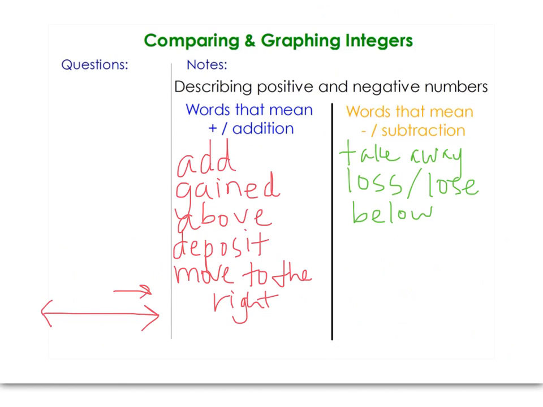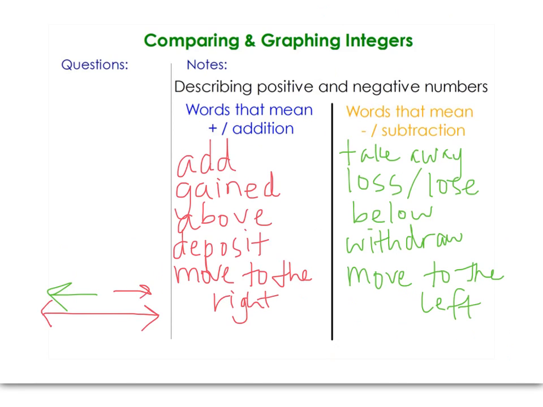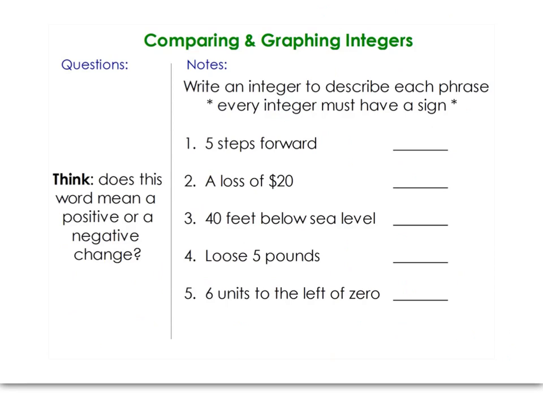If you deposit something in the bank, you can also withdraw money from your bank account. That means you take money out. On the number line, if I move to the left, that's subtraction. So if you think of more, write them down, but let's do some examples.